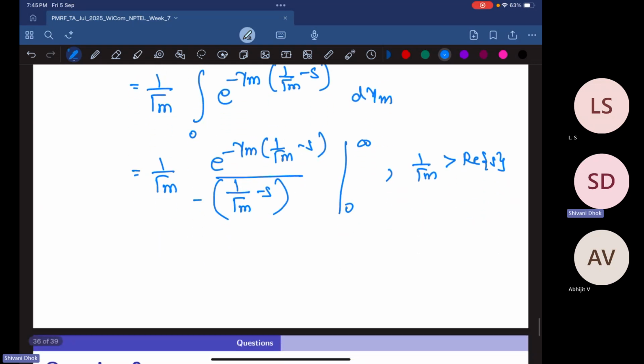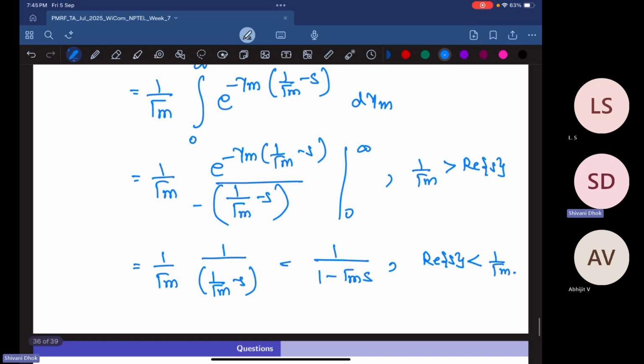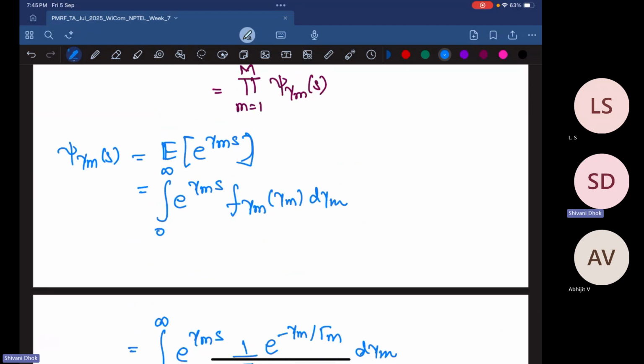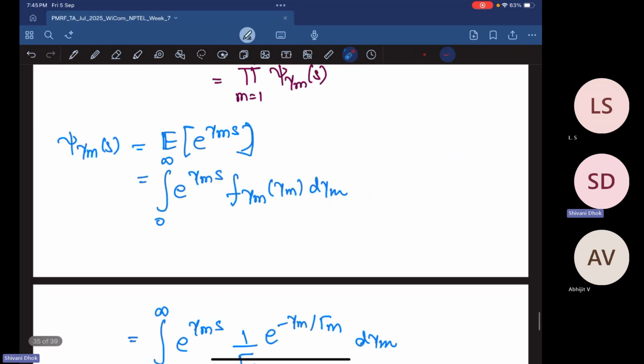This is the region of convergence that we have, and this comes out to be equal to 1 over gamma m into 1 divided by (1 over gamma m minus s), which is equal to 1 over (1 minus gamma m s), for real part of s less than 1 over gamma m. Okay, so this is the moment generating function for the SNR at the mth antenna. Now if I substitute it back in this particular equation, I will get the MGF for the SNR for MRC.